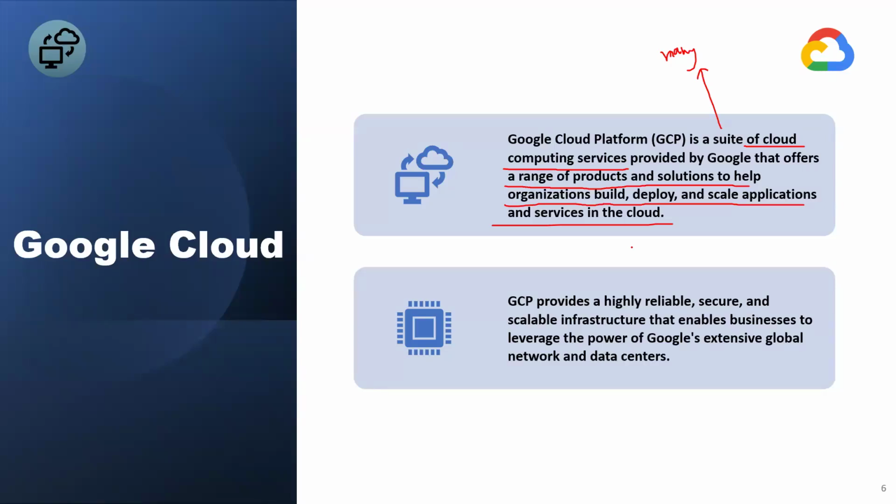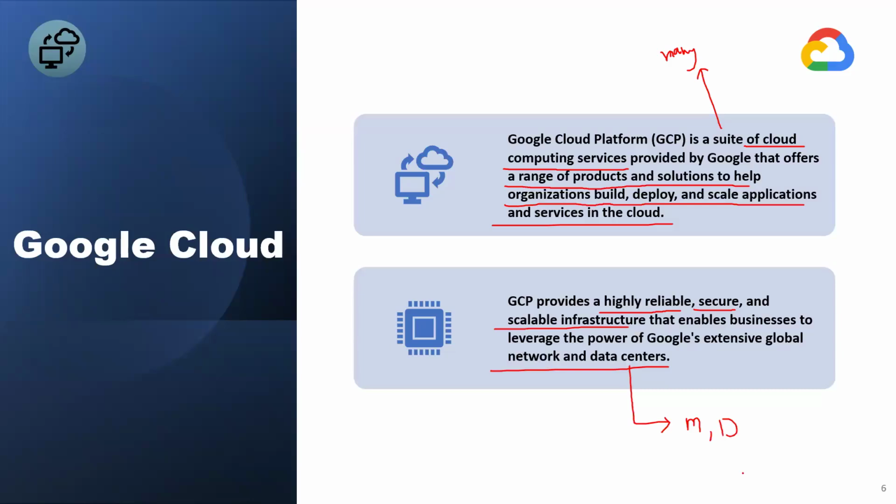Sir, can you tell me what are the characteristics of Google Cloud? Sir, Google Cloud is highly reliable, highly secure, scalable. It is providing you the scalable infrastructure. It has its own infrastructure throughout the world. That means it has its data centers available throughout the world. The data centers are also available in India, in Mumbai as well as Delhi.